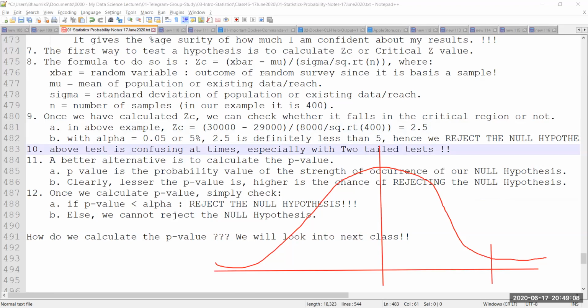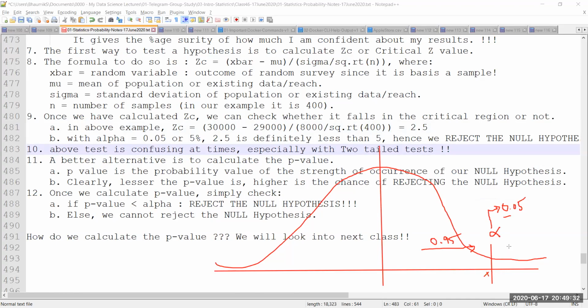Let's say this is my alpha, because until this point it is my 95% confidence interval. If until this point this is 0.95, this becomes 0.05. Now what I formulated is that this value is equal to 2.5.